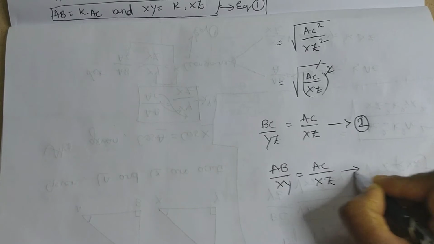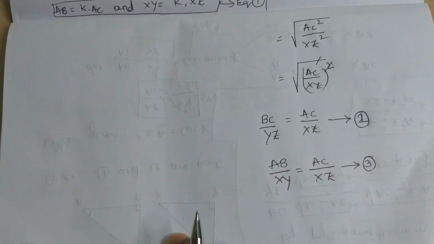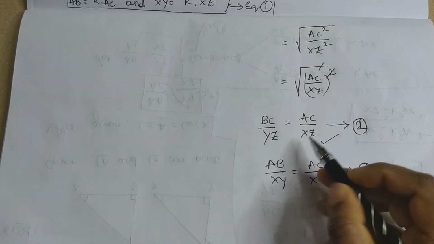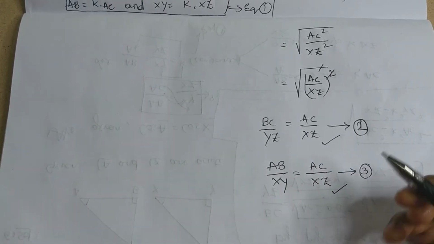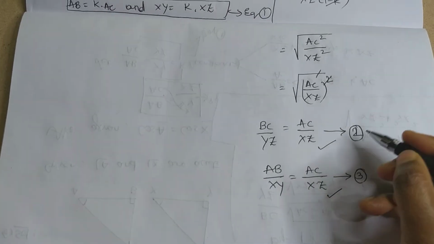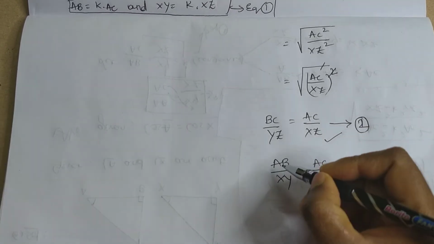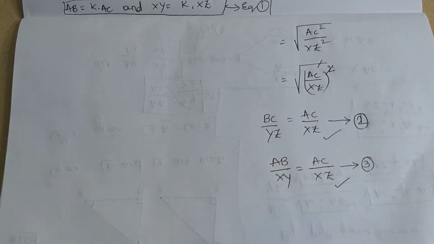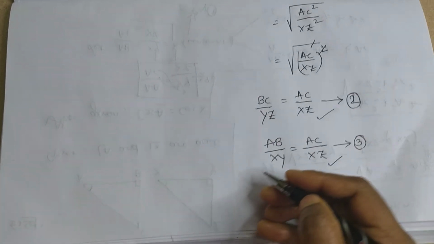So what will I do? I will put this as equation 3 here. See, when you see, the right hand side is equal, AC by XZ, AC by XZ, and the left hand side is different. So what can we write here? From equation 2 and 3, AB by XY equals to BC by YZ equals to AC by XZ. Correct? So let's write the same thing here.